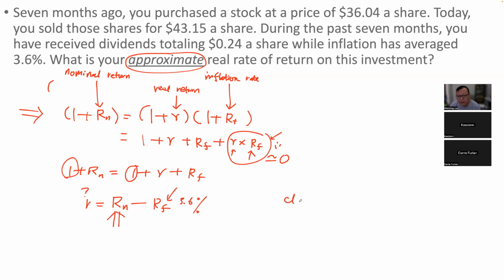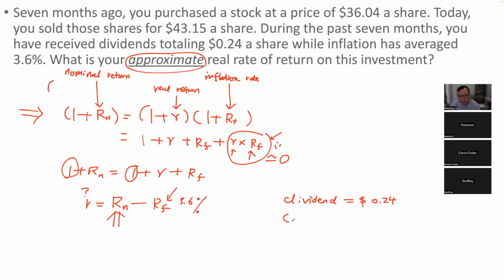One is the dividend. That is a dollar amount, 0.24, so that is your dollar amount for the dividend.